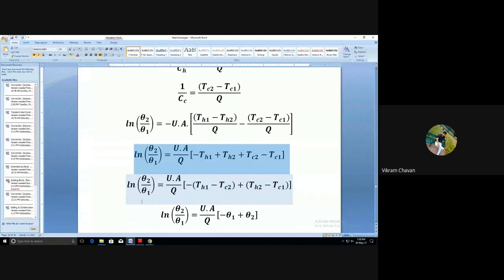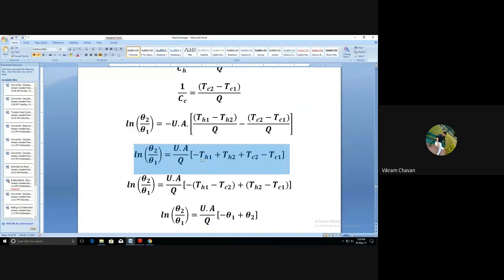Now in this counter flow heat exchanger, remember that Th1 minus Tc2 is nothing but theta 1, and Th2 minus Tc1 is nothing but theta 2. So you have to rearrange the temperatures so that you get theta 1 and theta 2.